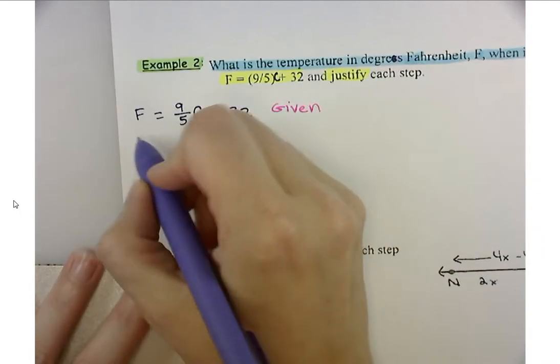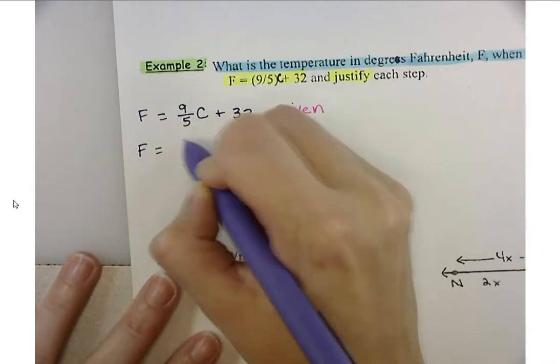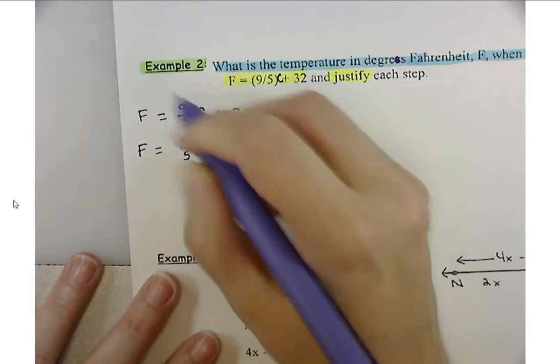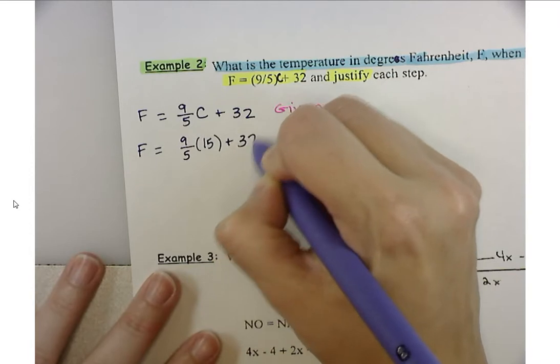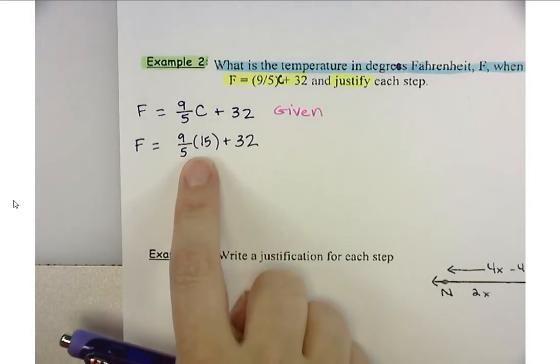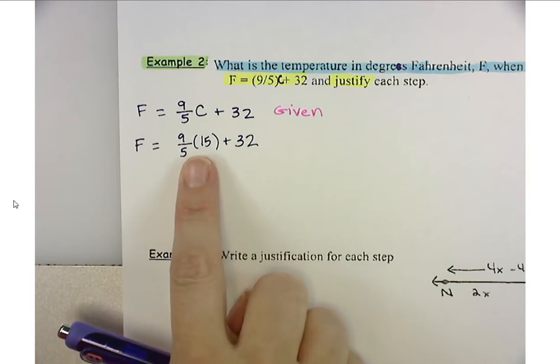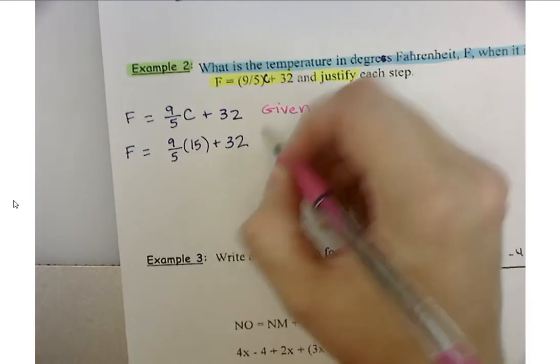So we're going to plug that into our equation. So we have F equals 9/5 times 15 plus 32. All right, so if you plug that in for C, what's our plug-in justification? Yep, good, substitution. Okay, so we're just going to write substitution.